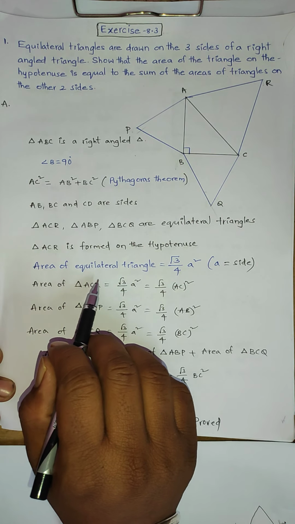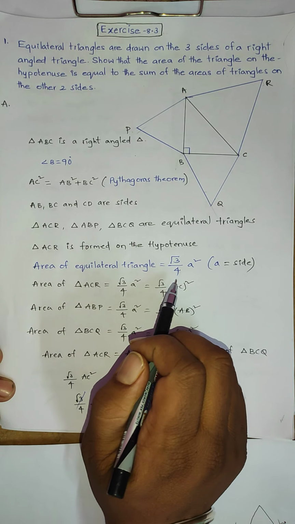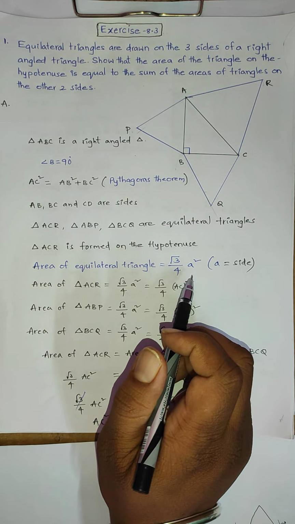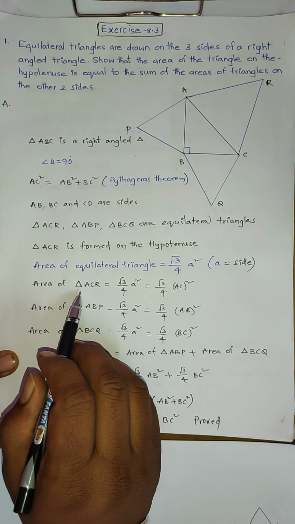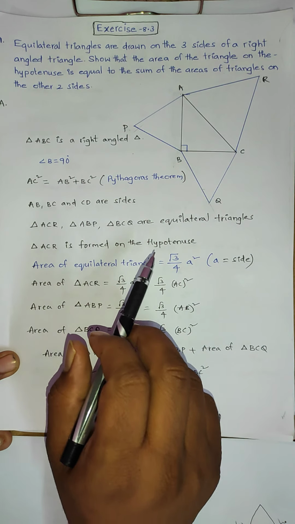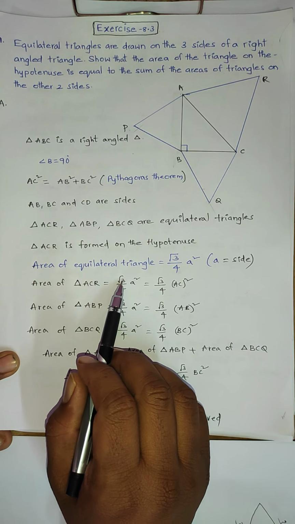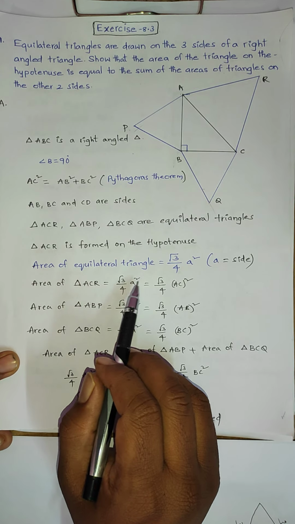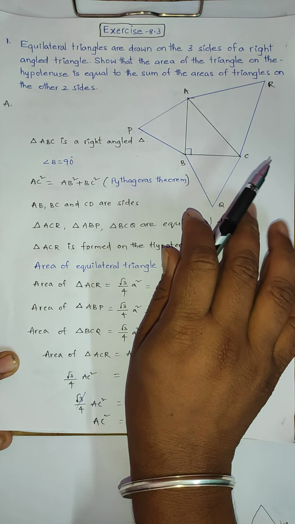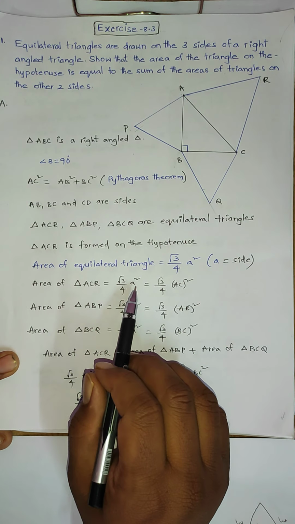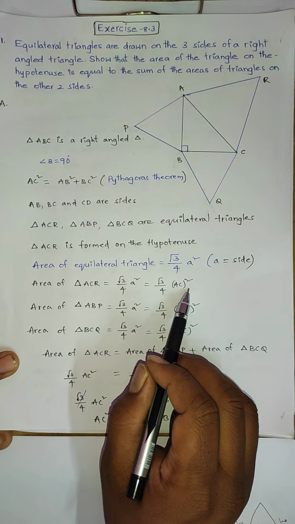Now, the area of an equilateral triangle formula is root 3 by 4 A square. Area of triangle ACR is equal to root 3 by 4 A square, where A means the length of the side. What is the length of side AC? We don't know, so we write AC itself: root 3 by 4 AC square.